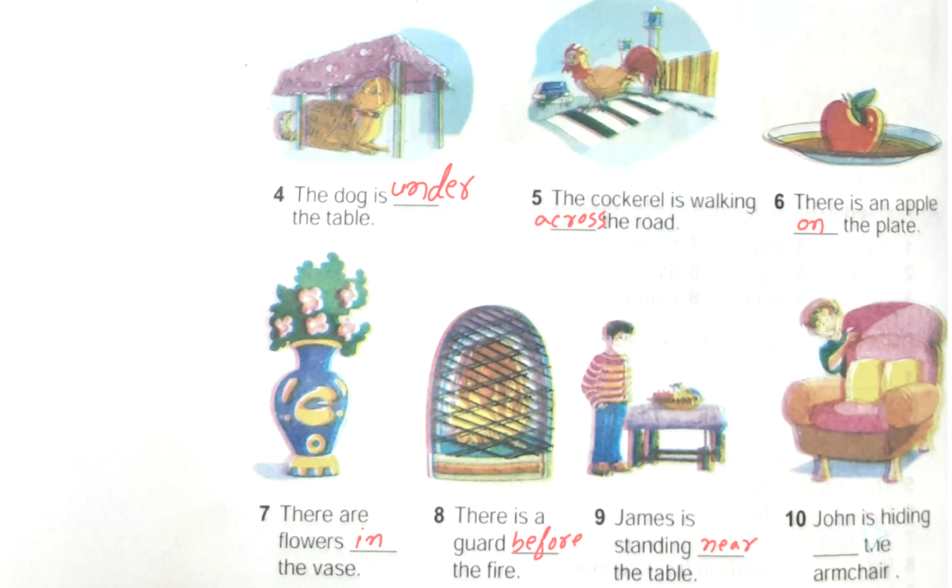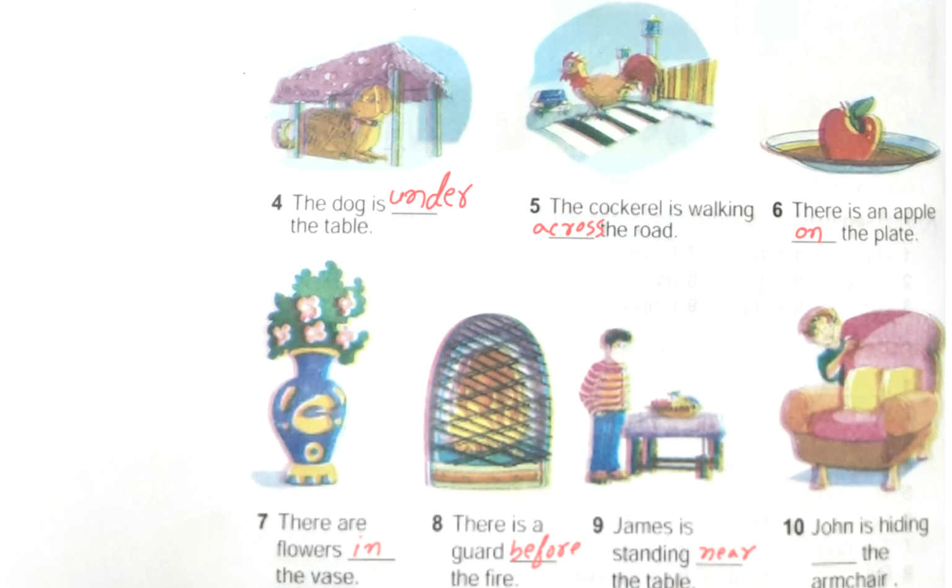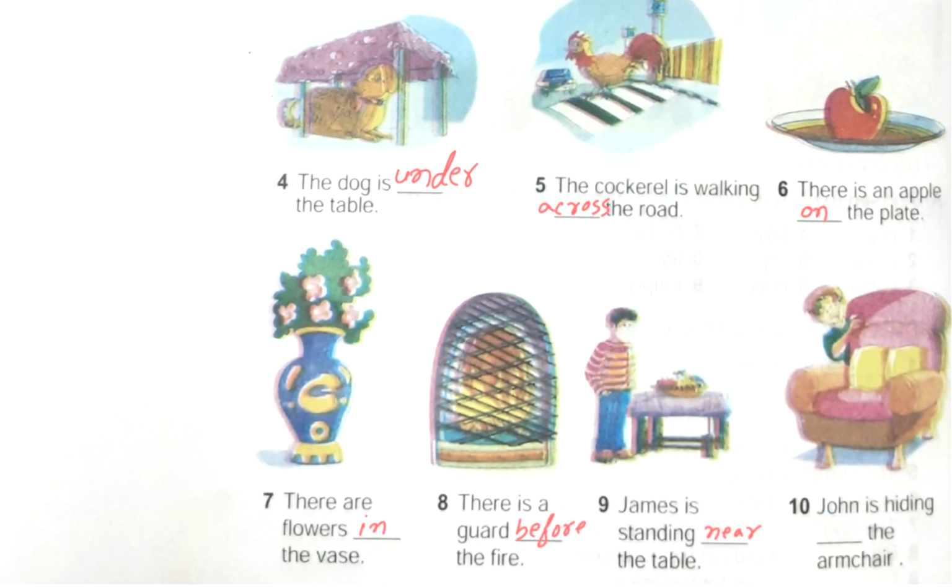So today's last one, here is written: John is hiding dash the armchair. There is only one left, that is behind. So we'll put behind the armchair, and let's see when we use behind.